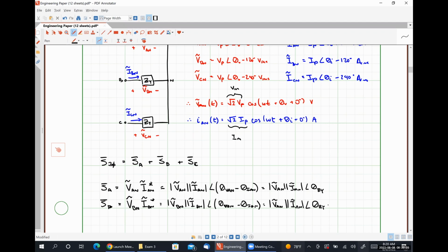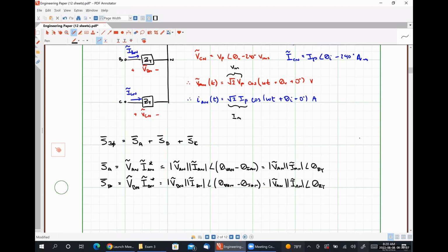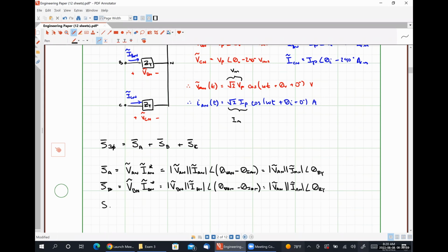It should be obvious to see then that the complex power absorbed by phase C is also just going to come out to be the magnitude of VAN times the magnitude of IAN with an angle of theta ZY.